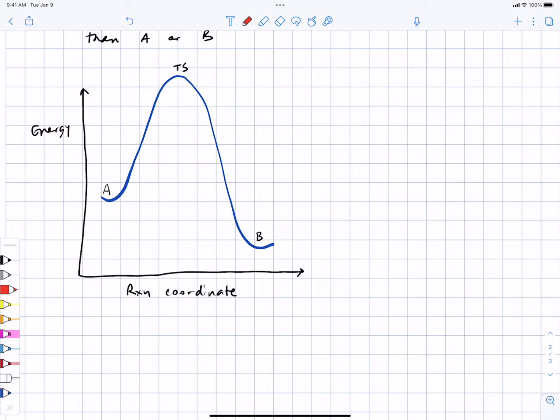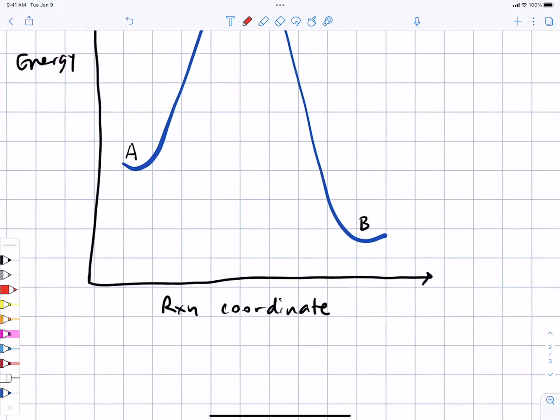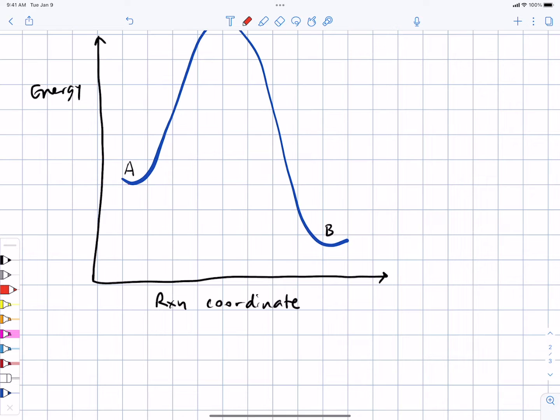Now, let's deal with, in red, we'll do the catalyzed reaction. We go through some transition state to bind the catalyst to our substrate. Then we go through some transition state. Then we have some product catalyst complex, and then that breaks apart.